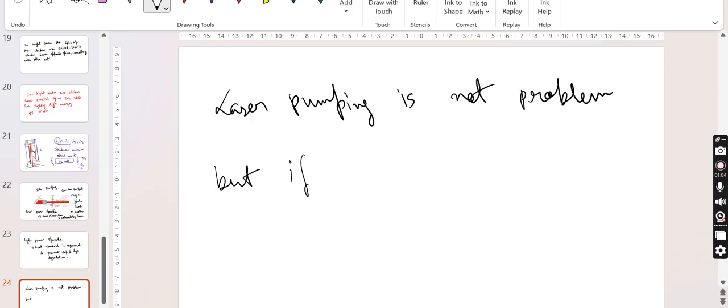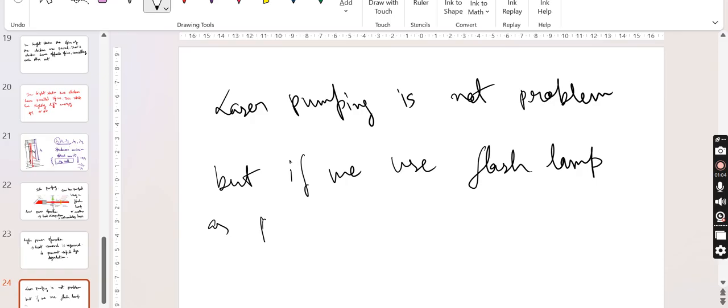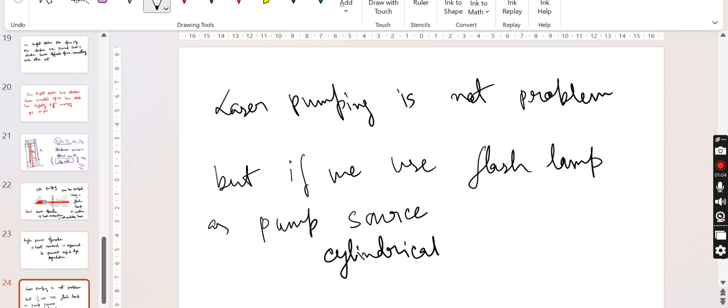But if we use a flash lamp as a pump, we would need a cylindrical reflective arrangement so that the pumping is efficient.